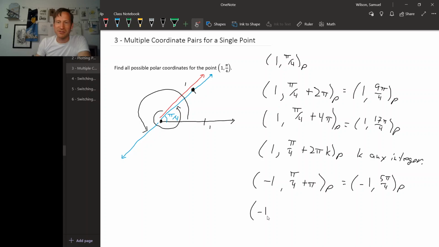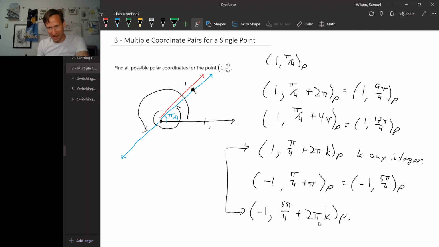So we could have -1 comma 5 pi over 4 plus any multiple of 2 pi. So plus 2 pi k. So these, 1 comma pi over 4 plus 2 pi k and -1 comma 5 pi over 4 plus 2 pi k, those are all of the polar coordinates for this single point.